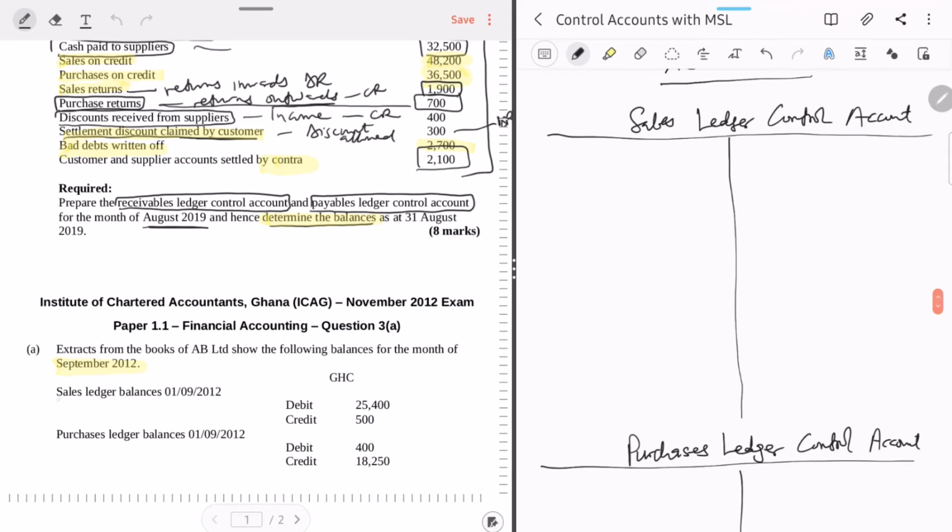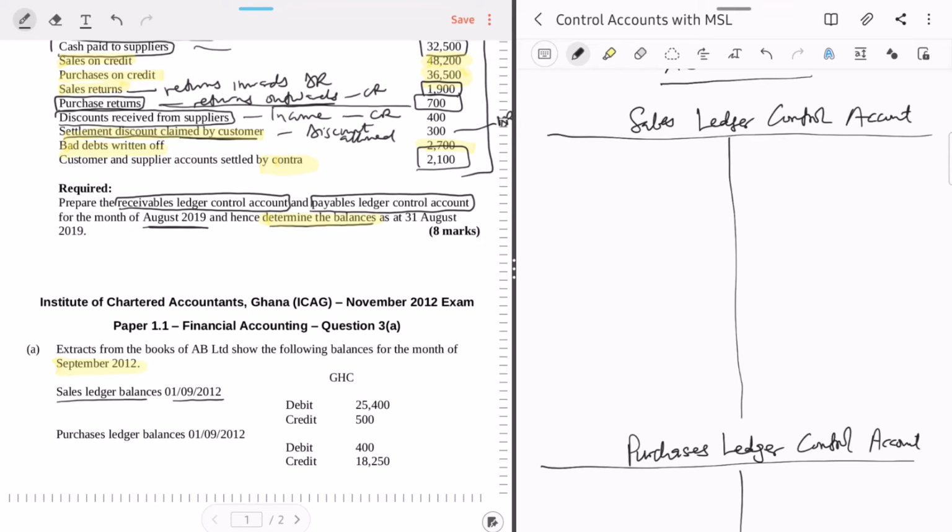Okay, so here, see what we are given. They said sales ledger balances as at 1st September 2012. You can see for the first time we've been given both a debit balance and a credit balance. So this is something new we are learning. It's possible for a control account to have two balances, but it's always going to be the case that the side that has the stronger balance will have the bigger amount. What do I mean?